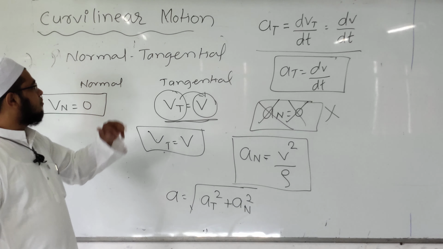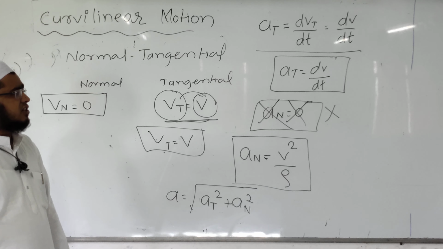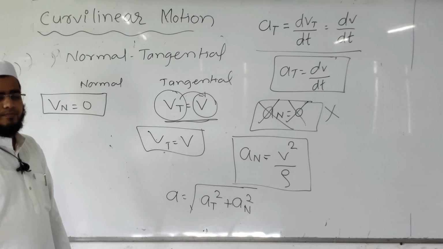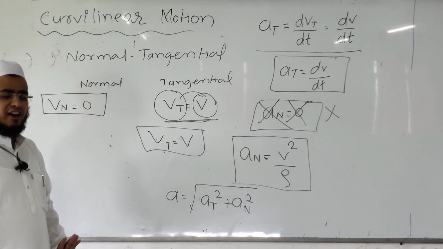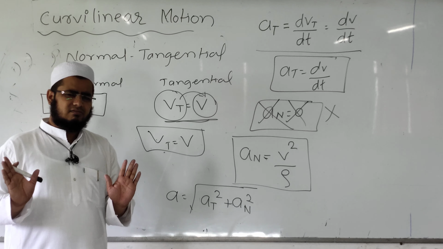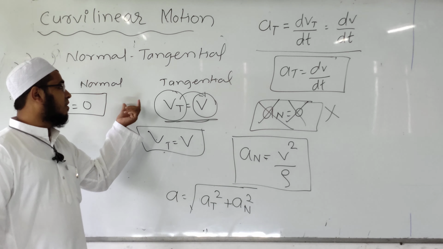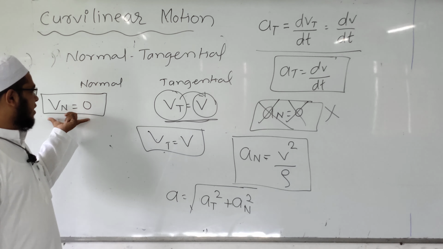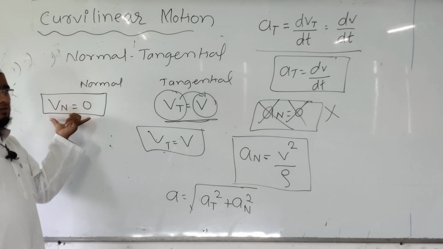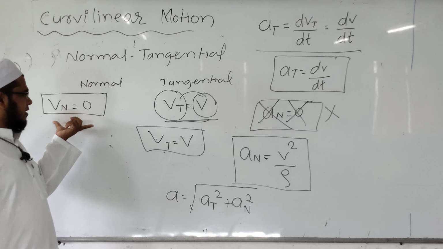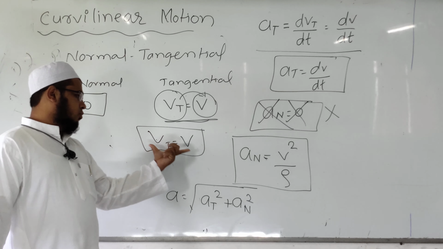These are the important formulae for the normal tangential coordinate system. It is very easy. If velocity is given for a particular instant, then it is a tangential velocity, because the normal component of the velocity is 0. Vn equal to 0, Vt equal to v.